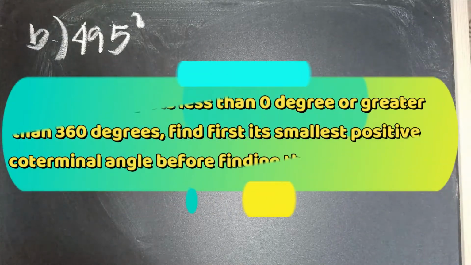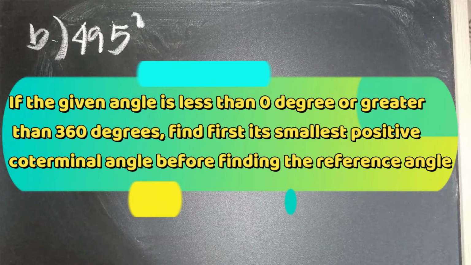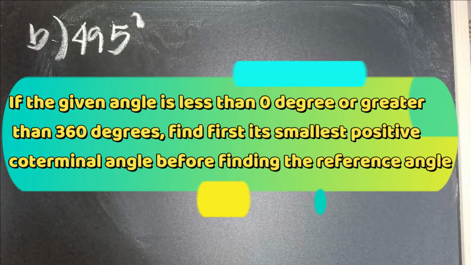Since the given angle is greater than 360 degrees, what we will do to more easily get the reference angle is to first get the smallest positive coterminal angle of 495 degrees. That is the technique. If the given angle is less than 0 or greater than 360 degrees, first get the smallest positive coterminal angle before getting the reference angle. We also have a video on how to get the smallest positive coterminal angle in the easiest way. I will put the link below so you can find the video more easily.